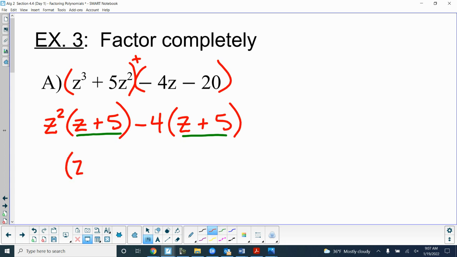Z squared minus 4 is the GCF, one factor, and the Z plus 5, the ones that were the same, is the other factor. Is that factored completely?